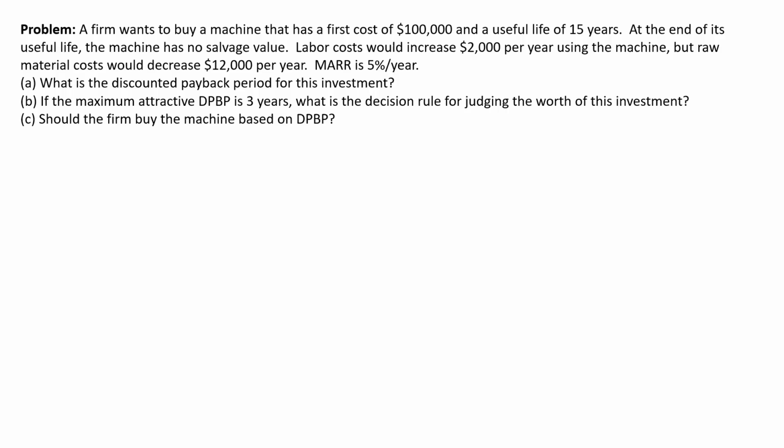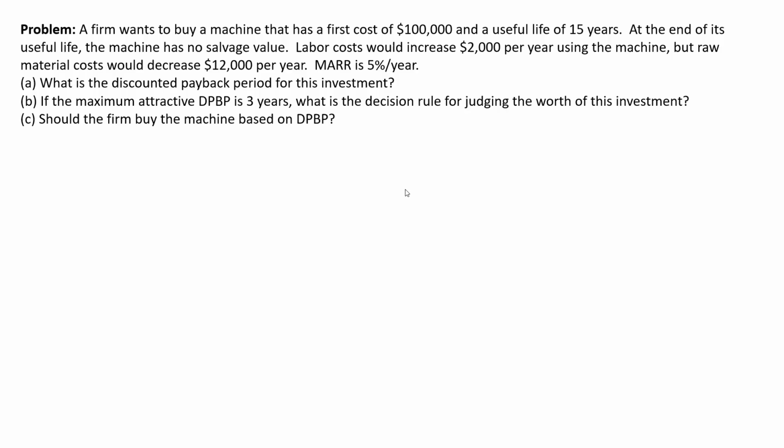At the end of its useful life, the machine has no salvage value, so we don't need to worry about that. And labor costs would increase 2000, but raw material costs would decrease. So there is a benefit of 12,000 minus 2,000, that is $10,000 per year is the benefit. Would you agree? So that is like getting money.